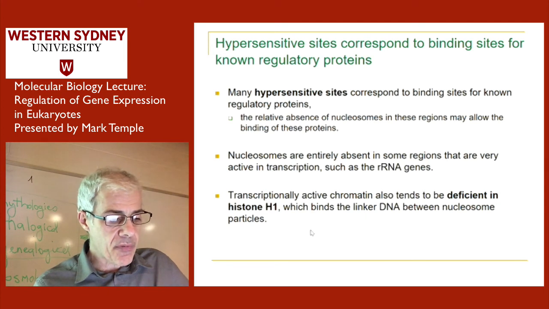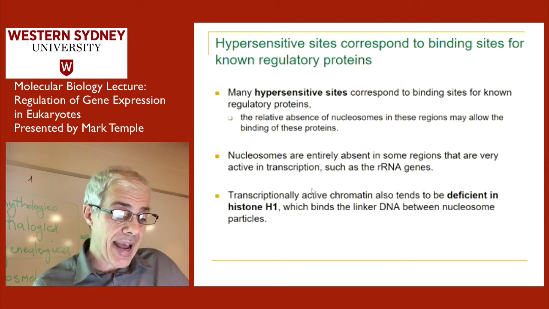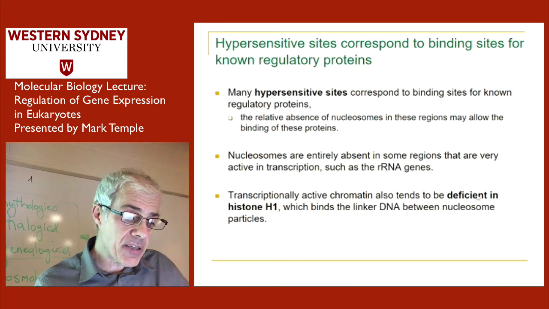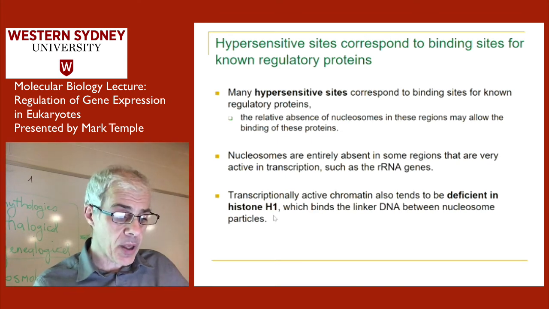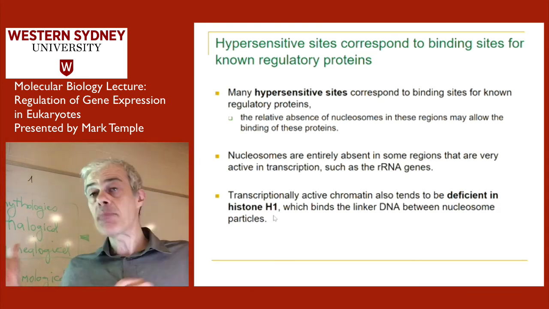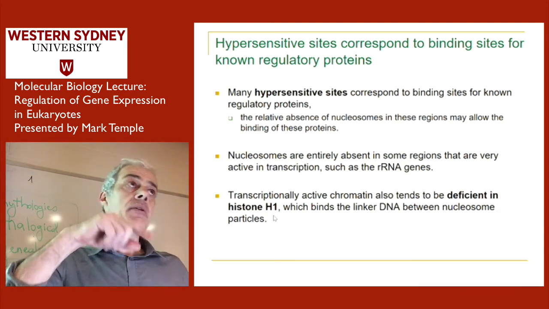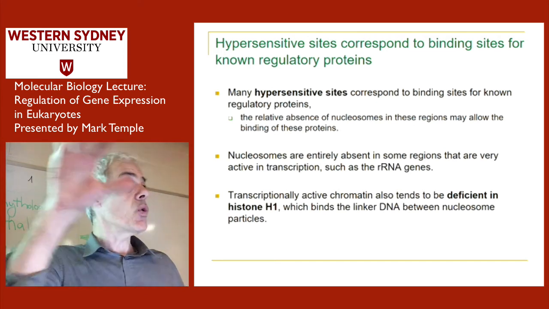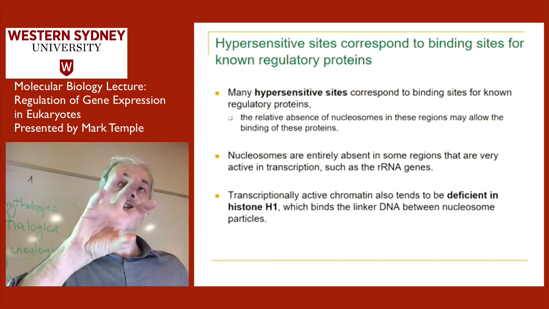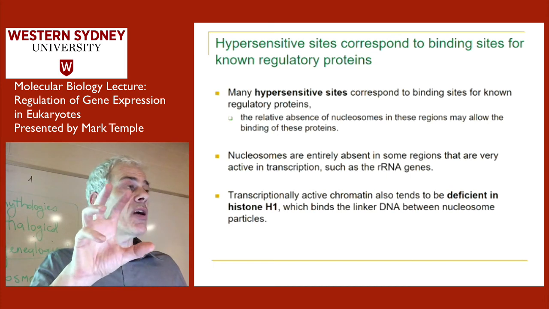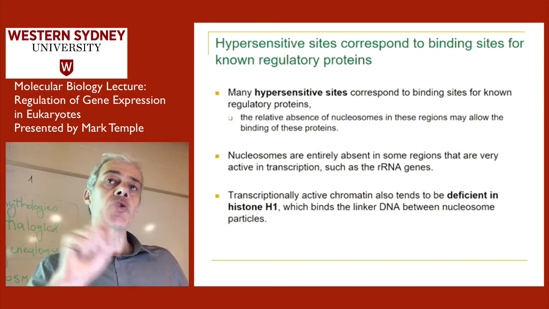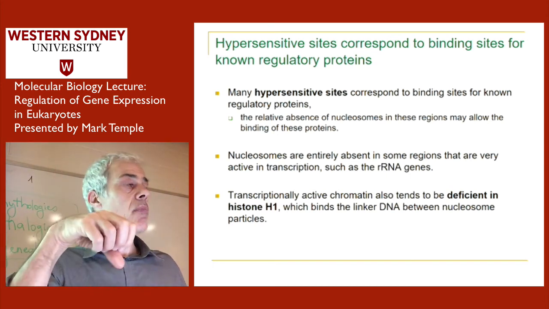Also, people have realized that transcriptionally active chromatin tends to be deficient in histone H1. So histone H1 has been absent in those cartoons I've been showing you of the nucleosomes, because 2A, 2B, 3 and 4 are the histones that are involved in the actual disc that is the nucleosome, but the linker region between the nucleosomes is where histone H1 binds.